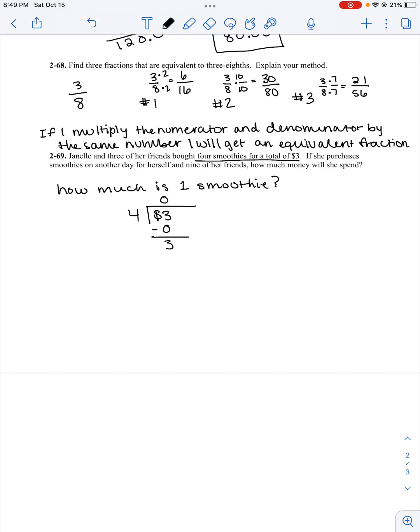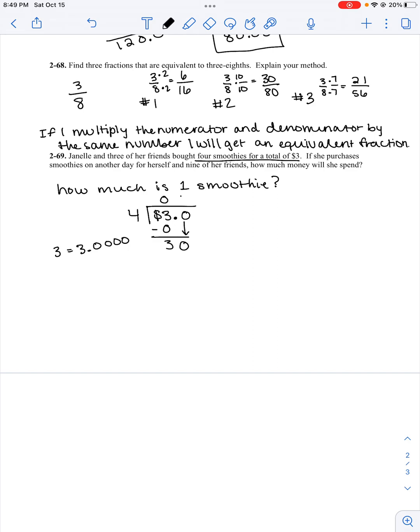And the decimal point just makes it so I can keep going and create a decimal as a result. So I'm still going to bring down my 0 like I would. I didn't change my number. 3 equals 3.0, and I could keep adding zeros. They equal each other.